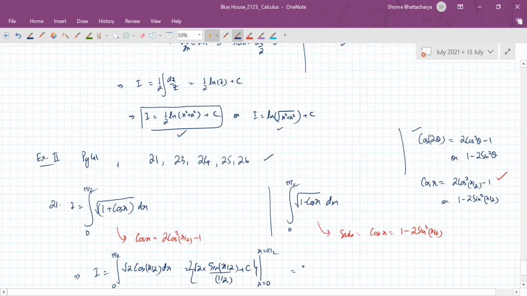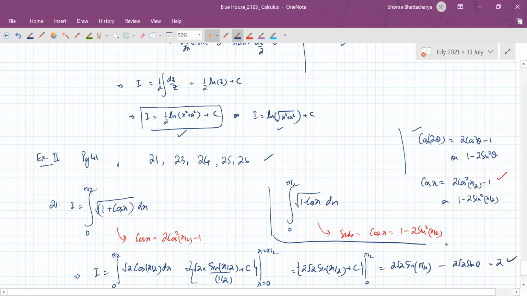So this is actually 2√2 sine x by 2 plus c from 0 to pi by 2. Is this correct? Yes, sir. The upper limit will be this, and the lower limit will be sine 0. So that will give me my answer as 2.